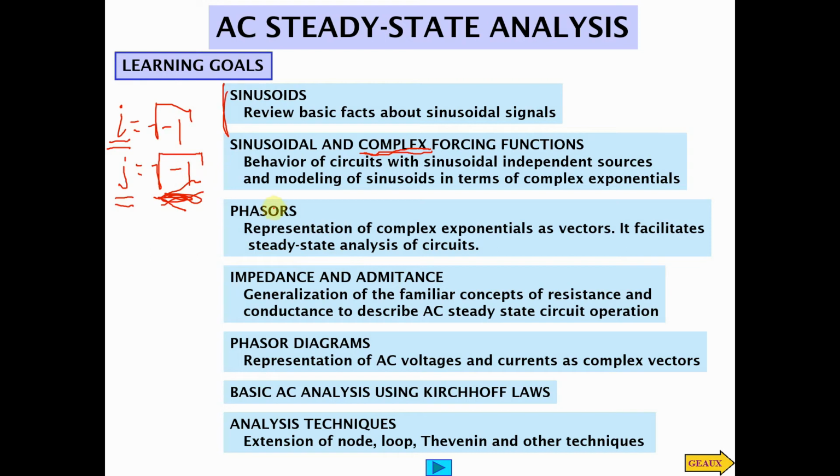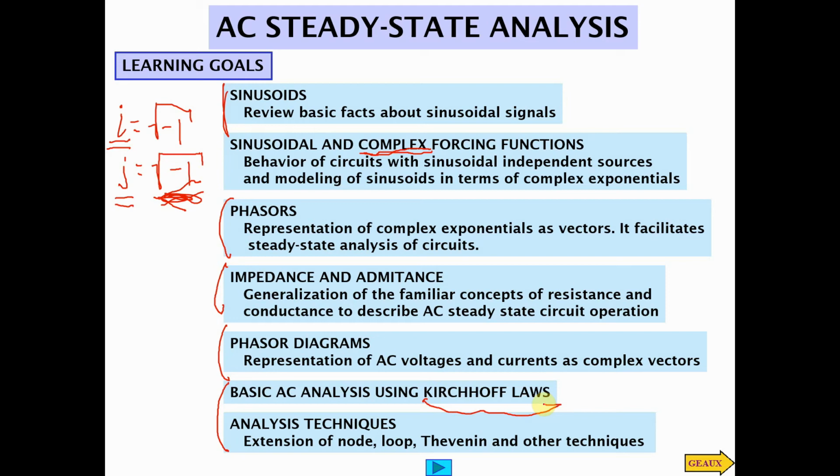Okay. Phasors. A way to think about complex numbers. A shorthand notation. New terminology. Impedance and admittance. Phasor diagrams. The way to get equivalent circuits. And then we can analyze using complex numbers.